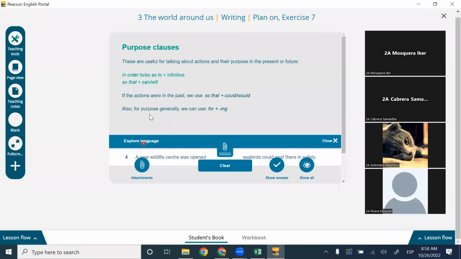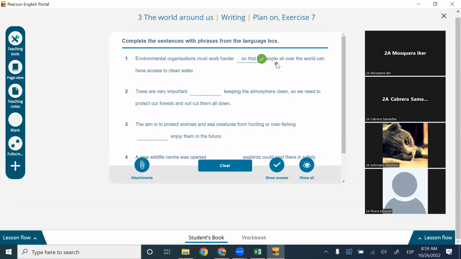Attention. Remember that in order to, or so that, remember, so that plus a noun and then can. Did you see? So that and then can. In this case, we are going to use so that people all over the world can. Did you see?